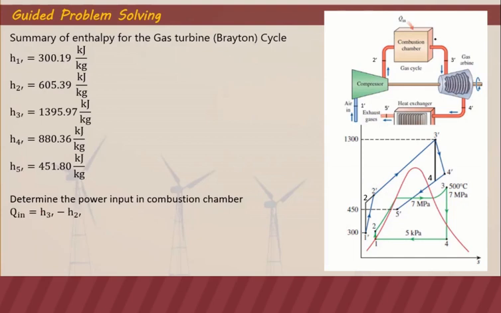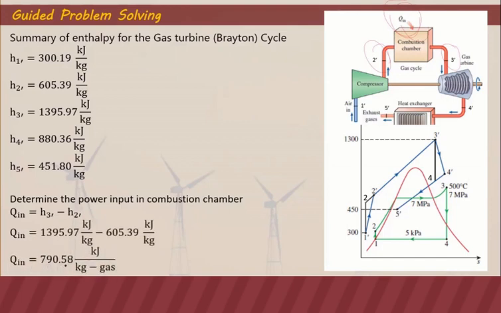As you can see, it's the difference of the enthalpy at points 3 and 2. So Q in is H3 prime minus H2 prime, and that equals 790.58 kilojoules per kilogram gas. Take note that gas flows here, that's why we use per kilogram of gas. It's the heat that you added to the entire system to run it: 790.58 kilojoules per kilogram of gas.